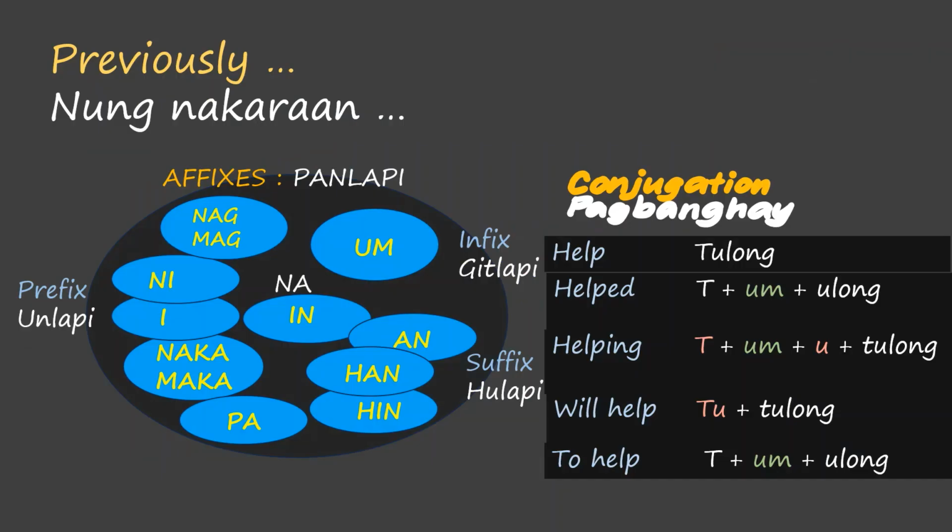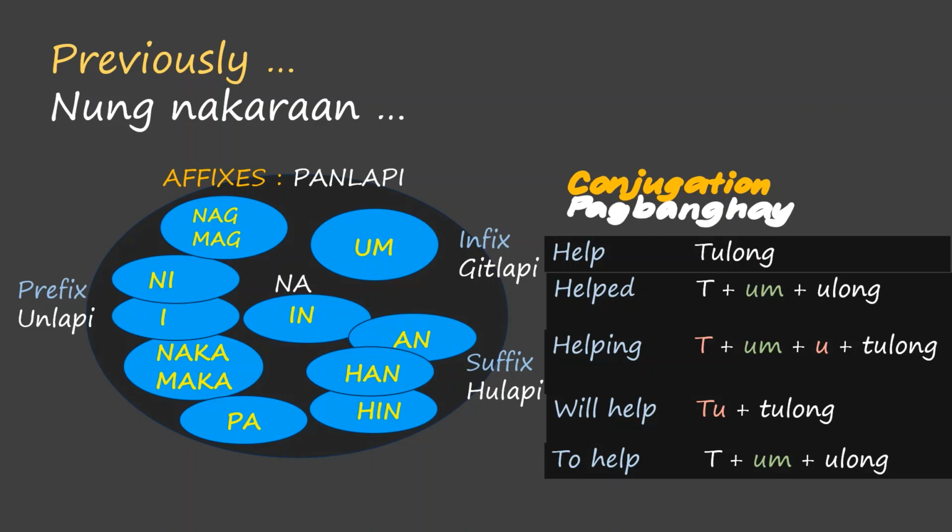Previously, nung nakaraan, we learned to use affixes or panlapi as well as conjugation or pagbanghay to form verbs in the past, present, future, and imperative tenses. Highlighted in blue are the affixes that we have already learned.